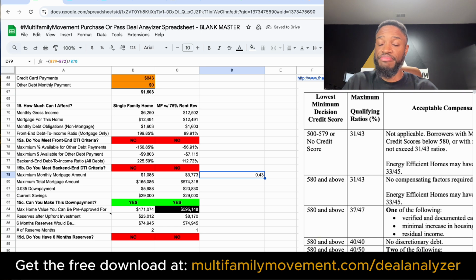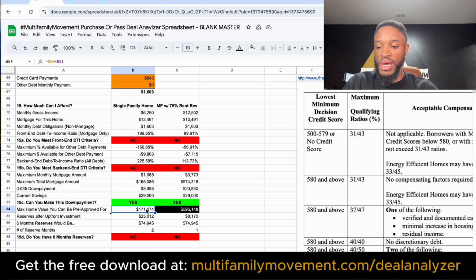This is 43%. So the bank would really only be willing to loan you up to $1,085 a month. So what kind of mortgage is that? The mortgage total amount would be $165,000 with a 3.5% down payment of around $6,000. You have $29,000. So the answer is yes, you could make that down payment.